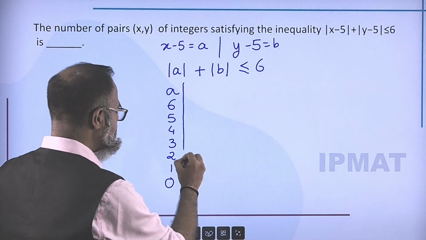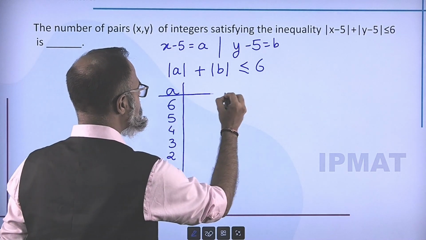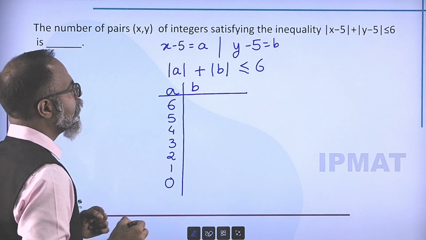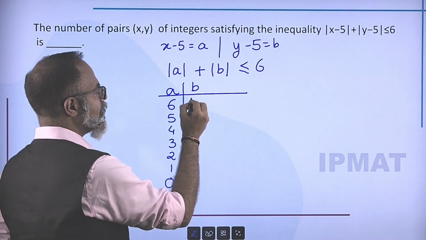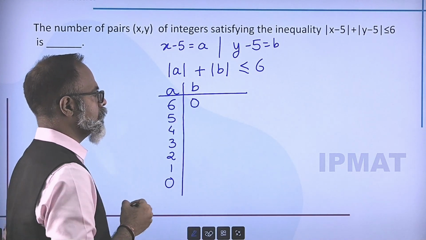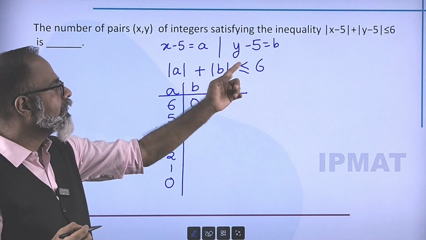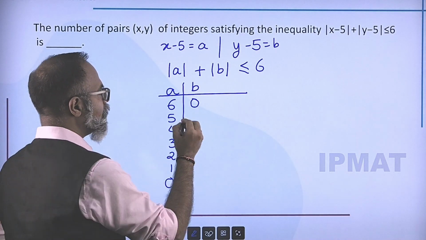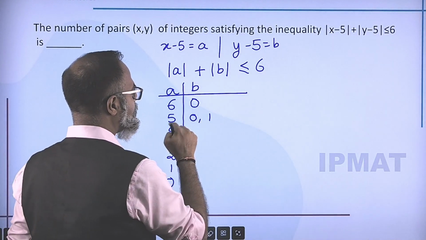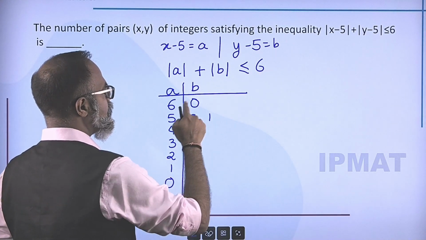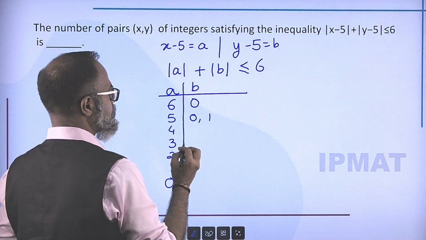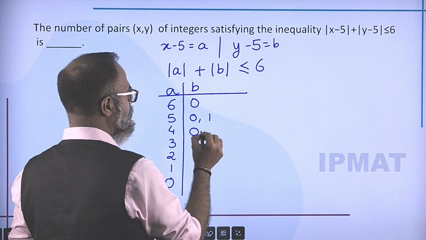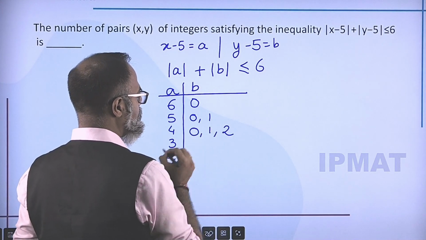So in this case, what are my possible values of b? When a is 6, the only possible value for b will be 0 because no other value of b will make it less than or equal to 6. For 5, I can use 0 or 1. 5 plus 0 is 5, less than 6. 5 plus 1 is 6, equal to 6. When a is 4, I can come up with 0, 1 and 2.